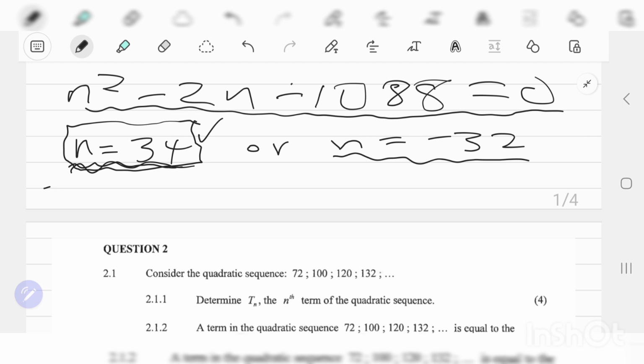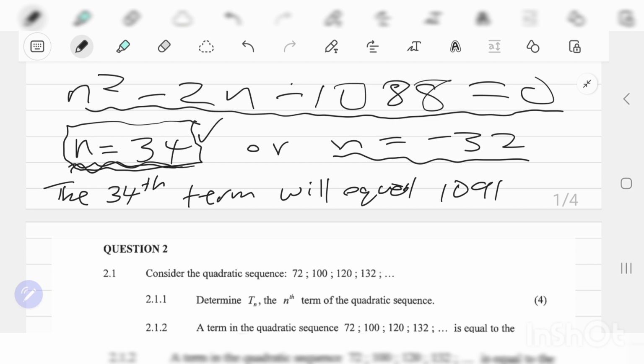You're going to say the 34th term will equal 1091. Or we can say T34 will equal 1091. So it will depend.